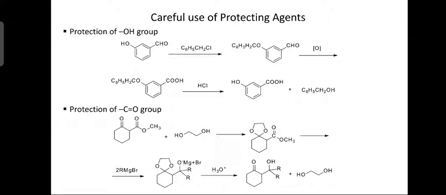Now, let us see another reaction which involves the protection of a keto group by using 1,2-ethane diol. So, this is 1,2-ethane diol. This will react with the methyl 2-oxocyclohexane carboxylate to give this product.